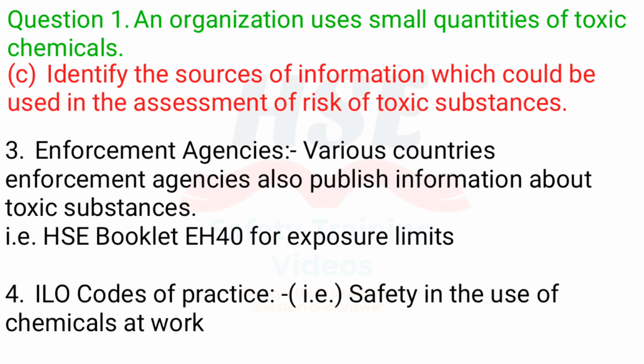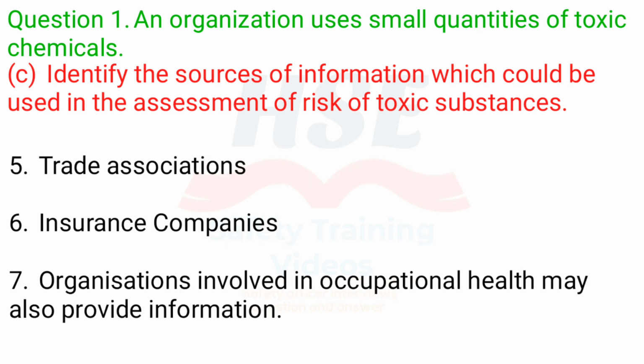Enforcement agencies: various countries' enforcement agencies also publish information about toxic substances, for example HSE booklet EH40 for exposure limits. 4. ILO codes of practice, that is, safety in the use of chemicals at work. 5. Trade associations. 6. Insurance companies. 7. Organizations involved in occupational health may also provide information.